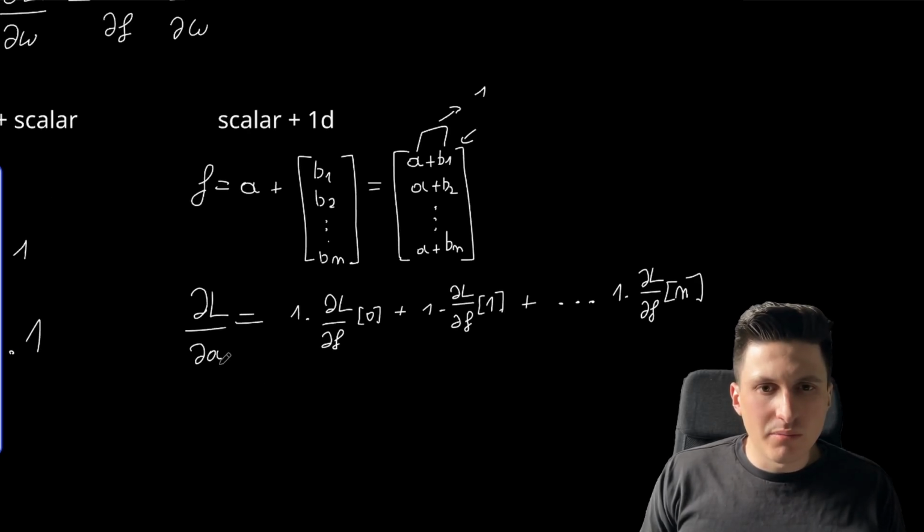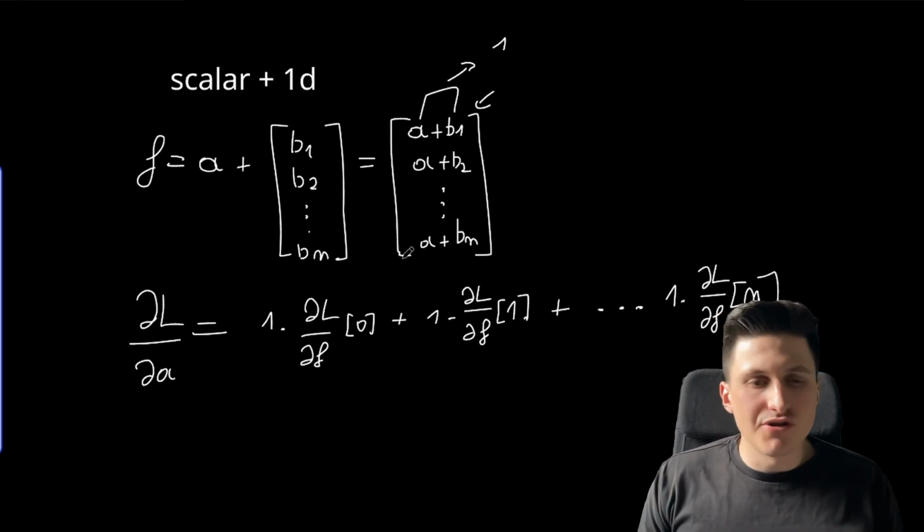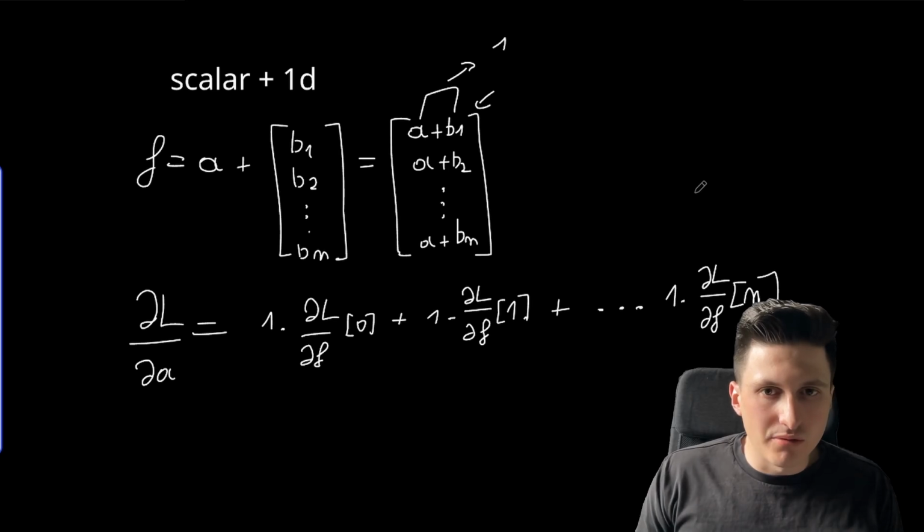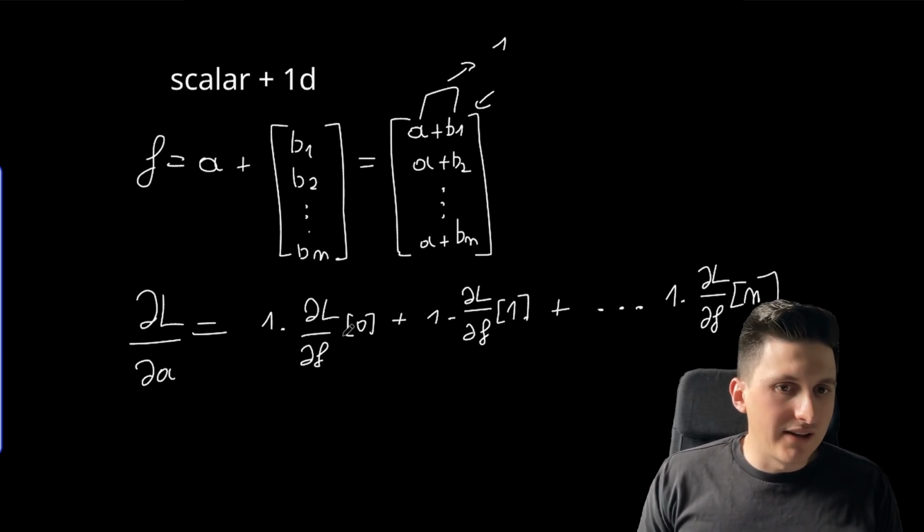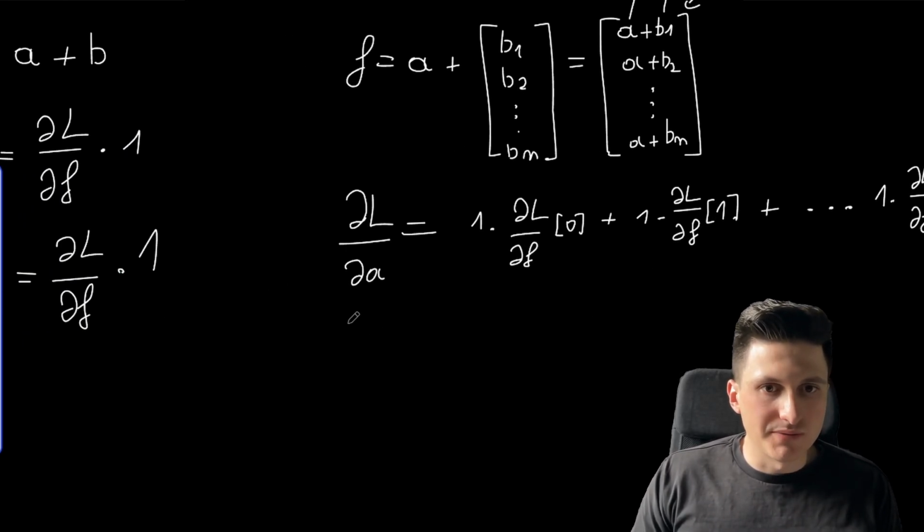So the thing you should just remember is that a broadcasting operation in the forward pass is a sum in the backward pass.